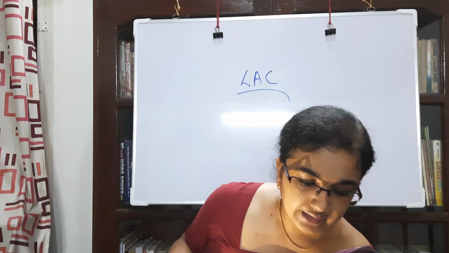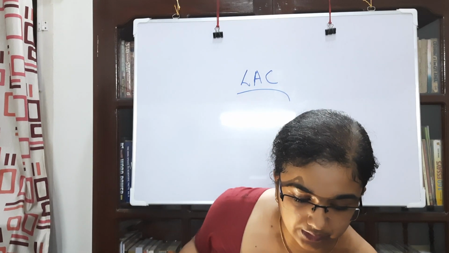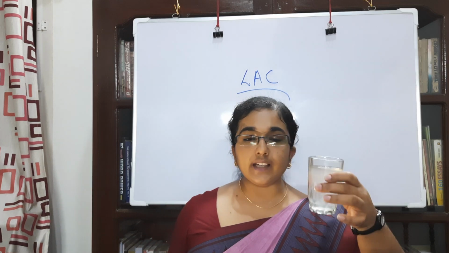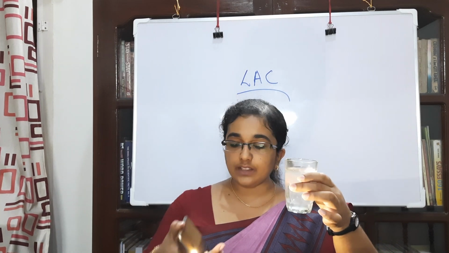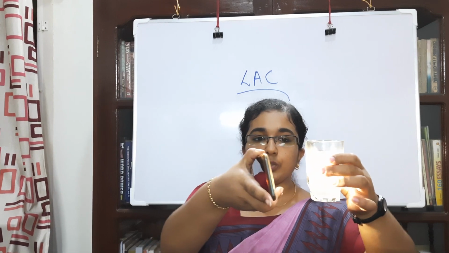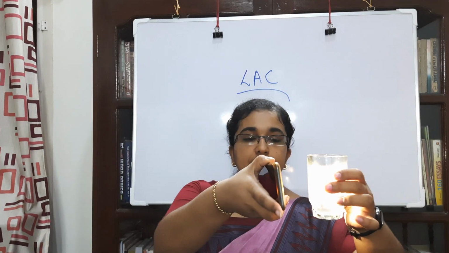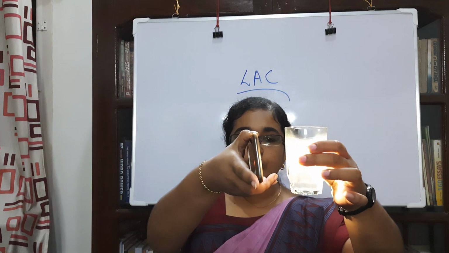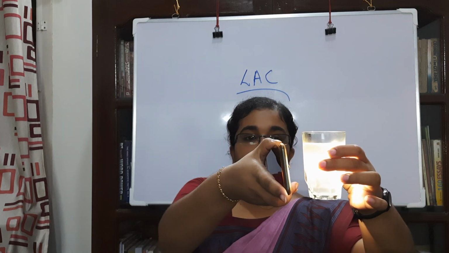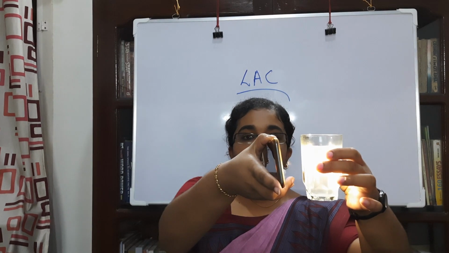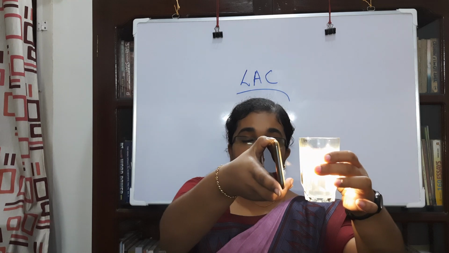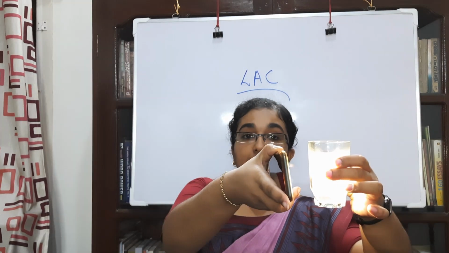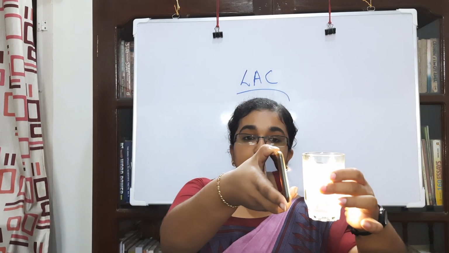Now coming to the second one, this is rice soup, and I'm just going to pass this light beam. Observe it carefully. You can see that yes, the light is passing and the path can be seen.